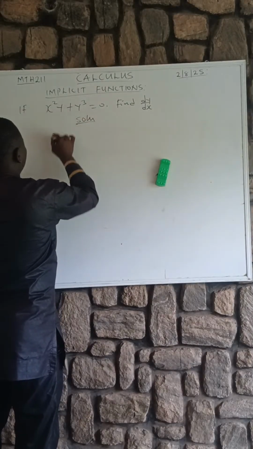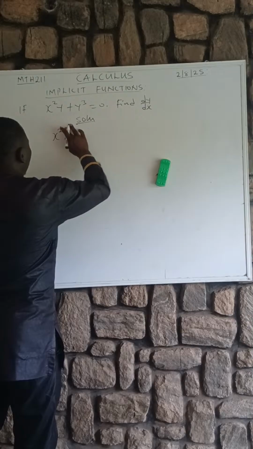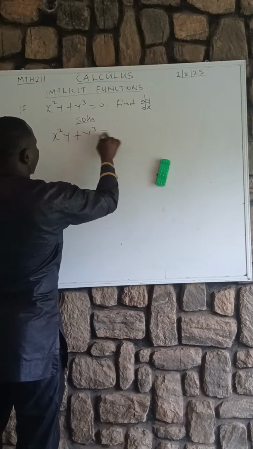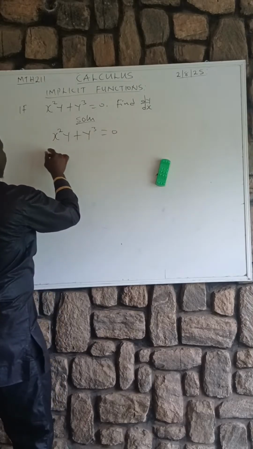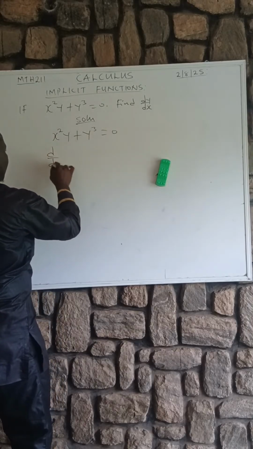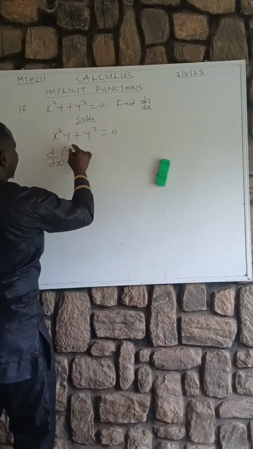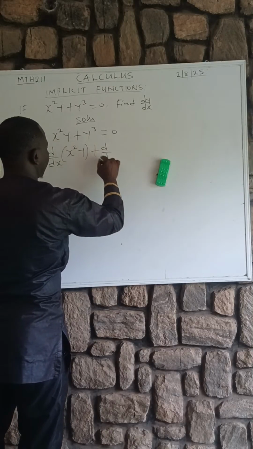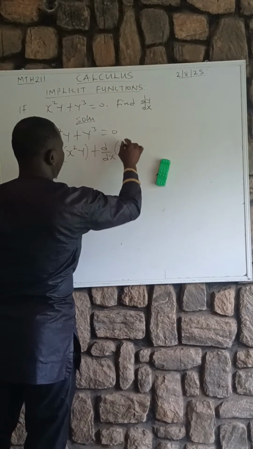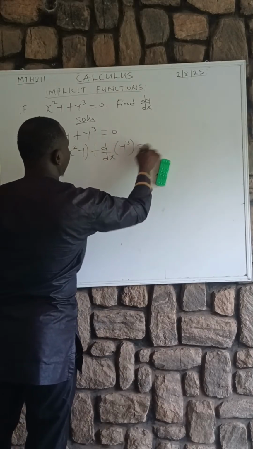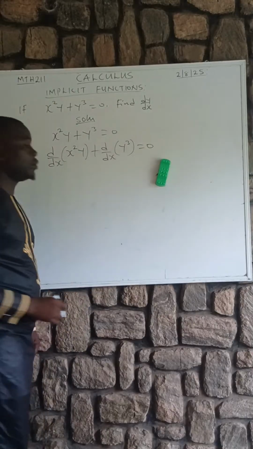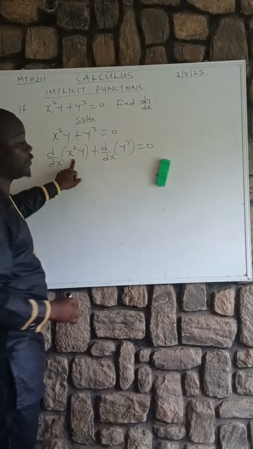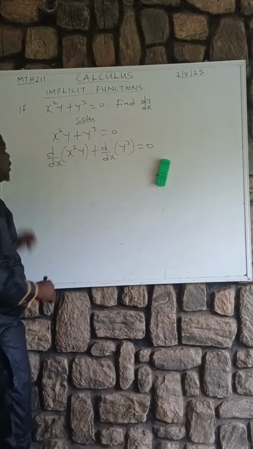Write x squared y plus y cubed equals 0. So it means d over dx of x squared y, plus d over dx of y cubed, equals 0. So we differentiate what is inside the bracket.